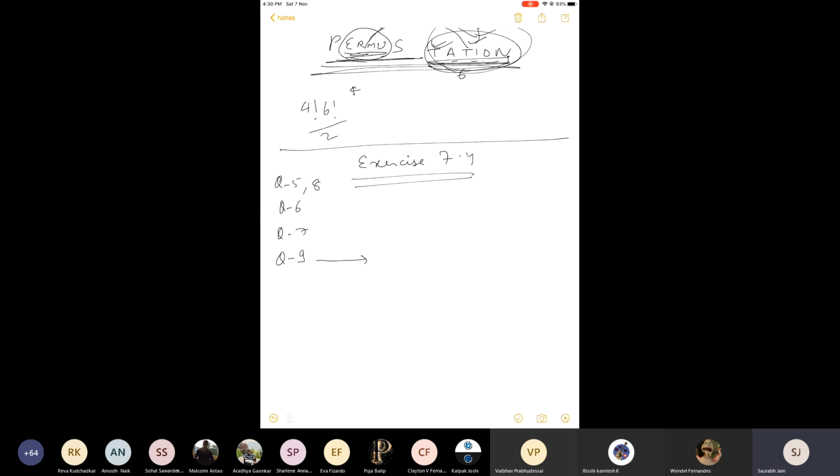See, in question number 9, the question is: in how many ways can a student choose a program of 5 courses if 9 courses are available and 2 specific ones are compulsory? Let us name these courses C1, C2, C3, C4 and so on up to C9. We have these 9 courses. A student has to select 5 of them, but 2 of them are compulsory. 2 particular ones, not any 2 of them.